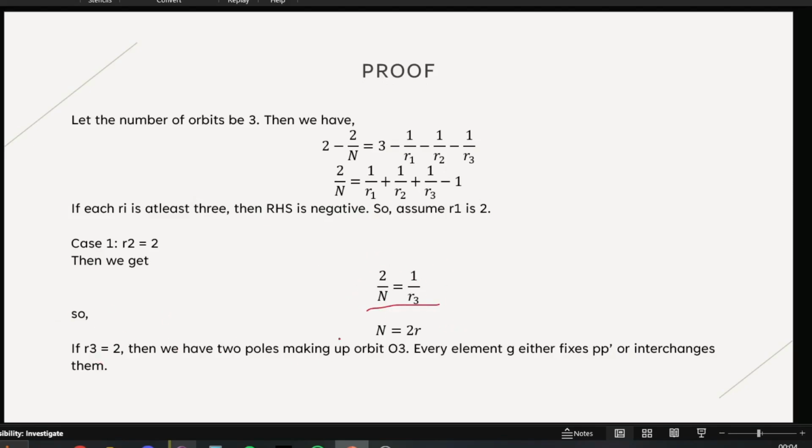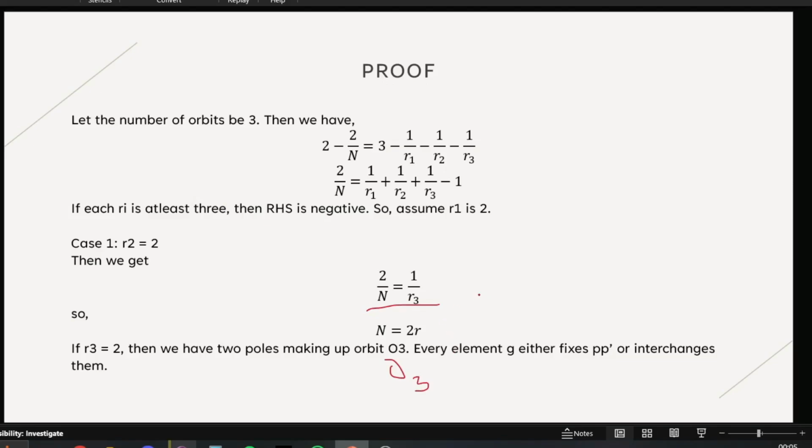So if R3 is equal to 2, then we have n is equal to 2 by r. So we now have to fix the r value. So if R3 is equal to 2, then we have 2 poles. These 2 poles make the orbit O3.